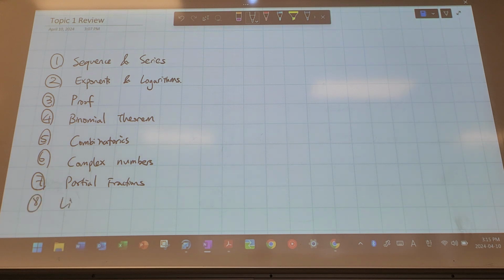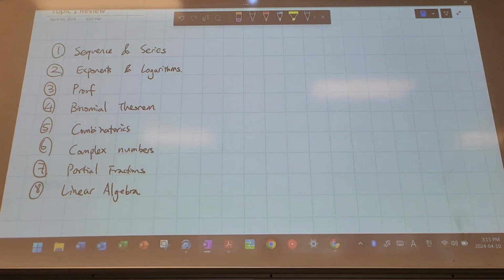Lastly, the linear algebra. So we'll be going through all these sections loosely. I'll be just going through the formula, how to use them, some vocabulary, and some minor tips and tricks that I can think of. All right, so let's get started.